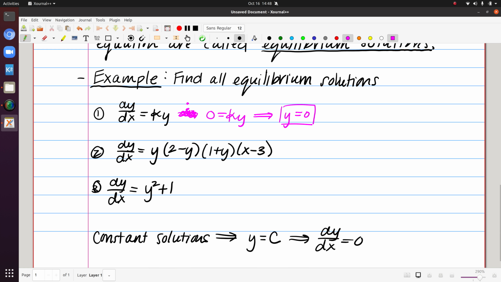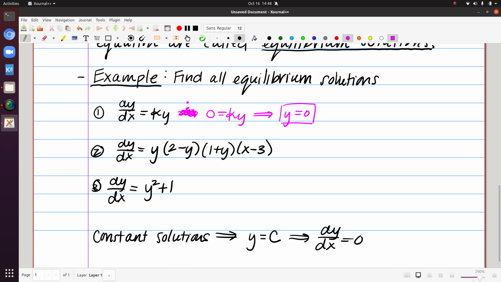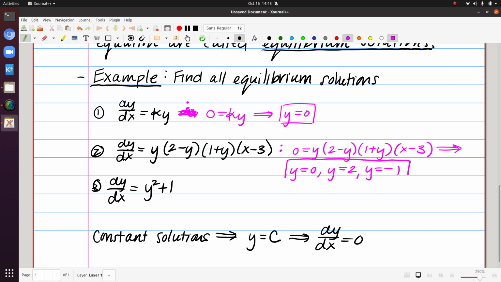This is like a specific example of what we saw above. For the second one up here, again, my approach would be to set 0 equal to the right-hand side, and we're trying to solve for y values that force this to be true. And note here we get 3 equilibrium solutions. So sometimes you have multiple equilibrium solutions.